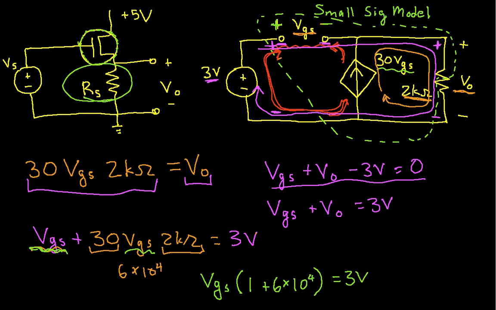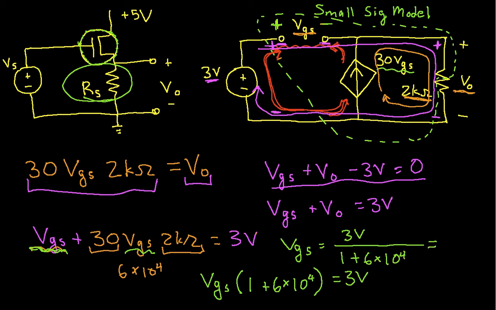Or you can see then that I can solve for VGS. VGS is equal to 3 volts divided by 1 plus 6 times 10 to the 4th.